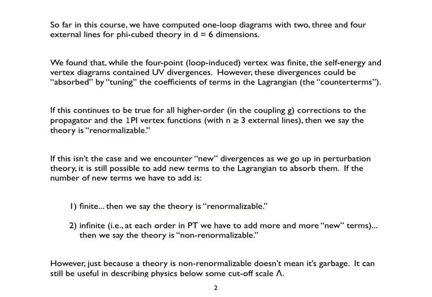So like I said, we worked with phi cubed theory in 6 dimensions. We talked about how to cancel UV divergences with counter terms. And it turns out that this renormalization works at every order.